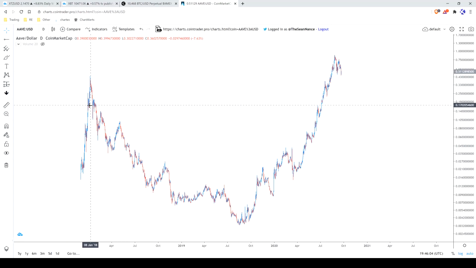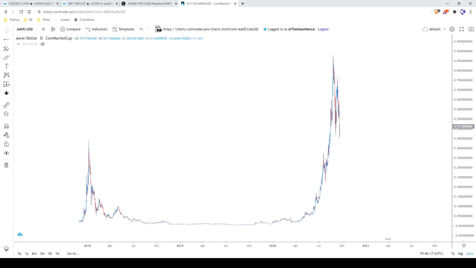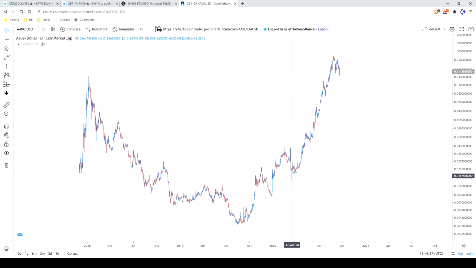Lind was around in 2017 too. This high was 2018, and it was first listed in December 2017. It managed to break that high. Tezos could very well be doing something like this for the next run. It could still be down here.